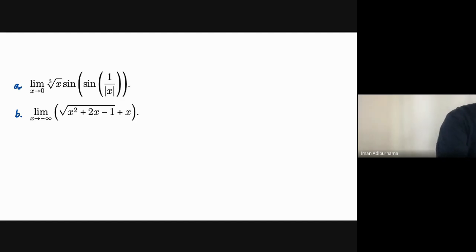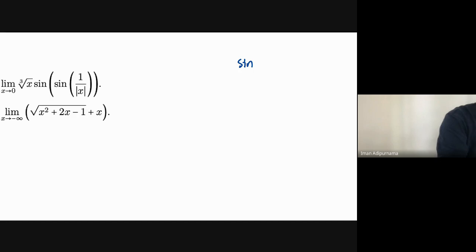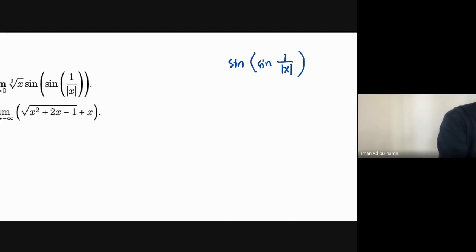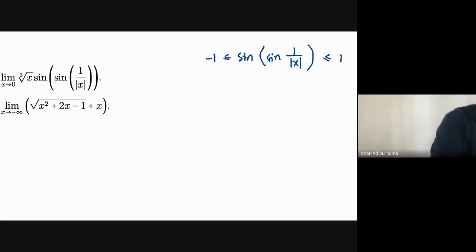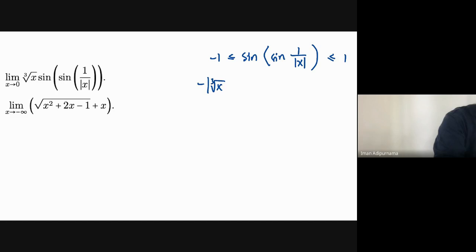If you look at number A, you can think of this sine. Its value is always from -1 until 1. If you multiply with the absolute value, I'm using absolute value to make sure that it's available everywhere when we have the limit.